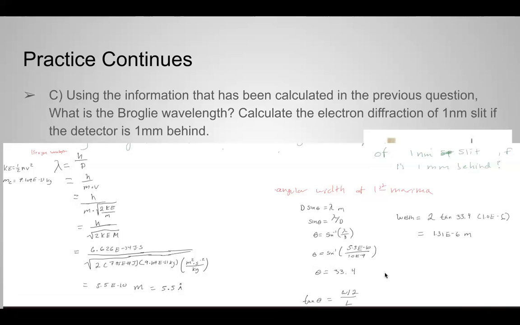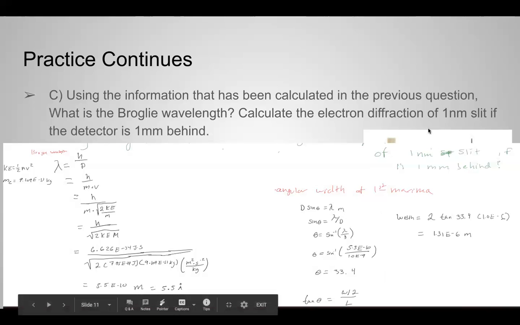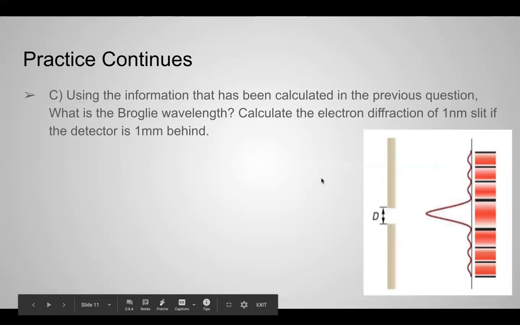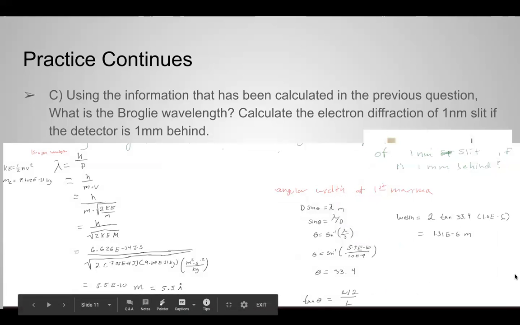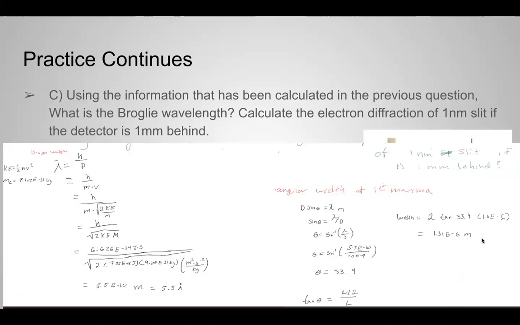To find the width, we have to find the tangent. So tangent can be given as half the width over the length. When we solve for width, we get 2 tan theta times the length. So it'll be 2 tan 33.4 times 1.0 e to the negative 6. That gives us a width of 1.31 e to the negative 6 meters.